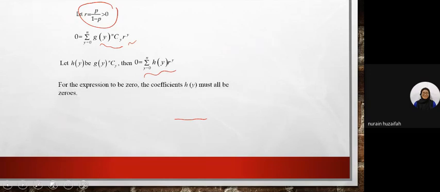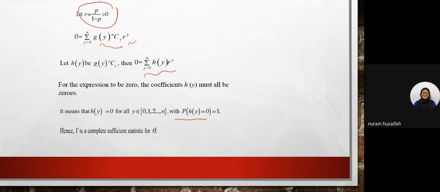The only way is to define another function h(y) to make it simpler, so we set the coefficient to 0. That means this family is a complete family and y is a complete sufficient statistic for theta. So in your explanation, please write how you derive your proof. You must write some explanation of how you get that this family is a complete sufficient statistic. That is the first part.